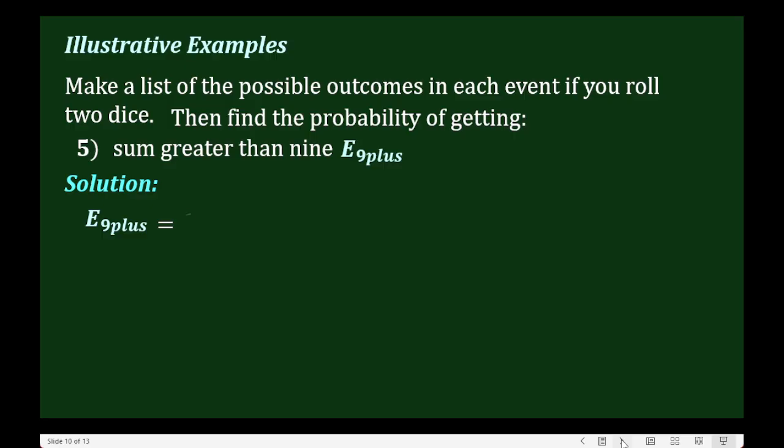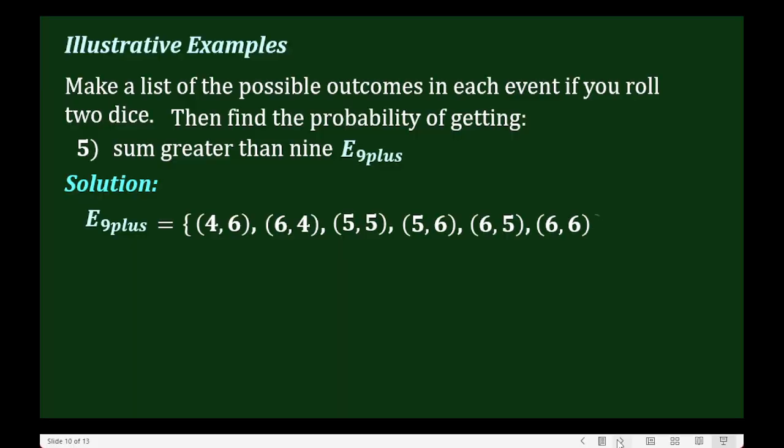For each pair of die, a sum greater than 9 could be a combination of 4 and 6, 6 and 4, 5, 5, 5, 6, 6, 5, and 6, 6. So there are how many elements? 6 elements.